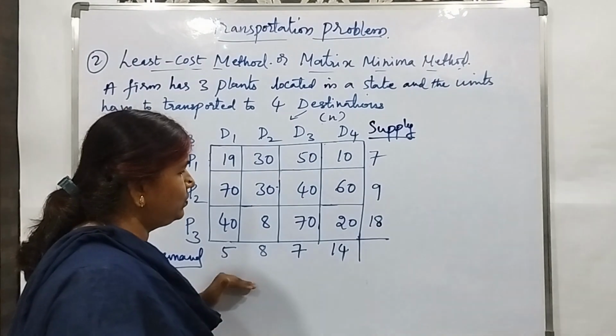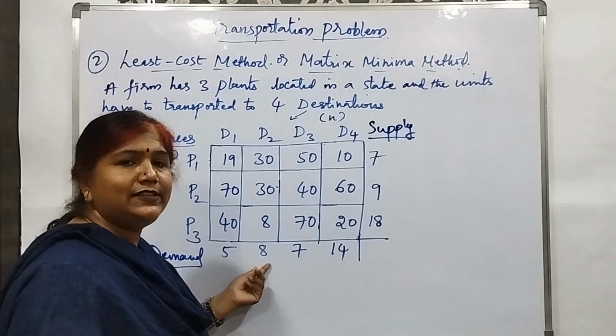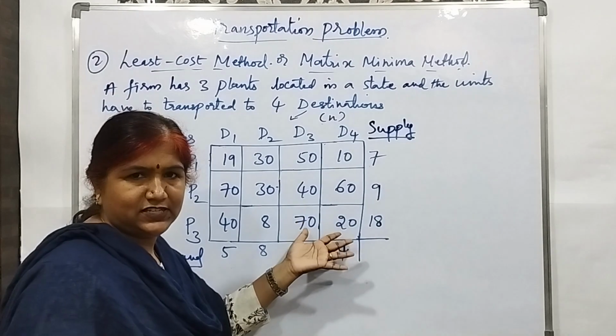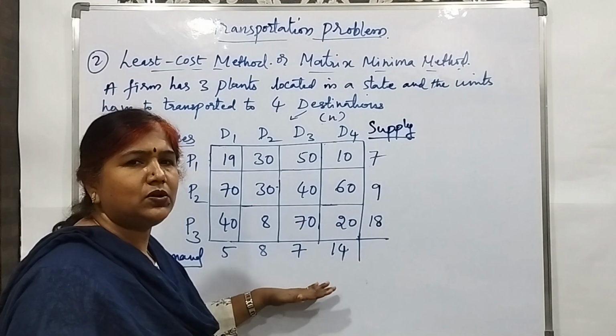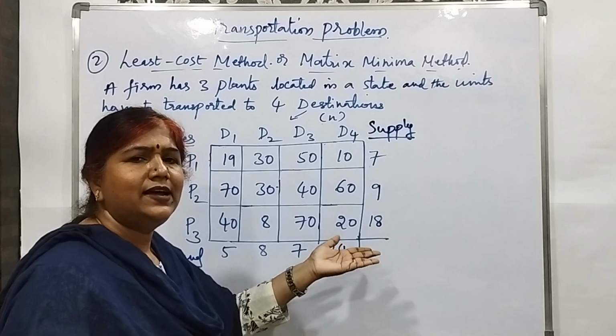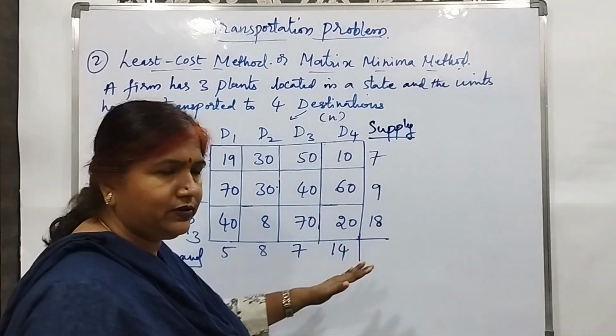Like this we have to pick out the cells with the least cost so that we can allocate the number of units in those particular cells. So finally the objective is to find the minimum transportation cost, or the least transportation cost. Okay, let's start the calculations.